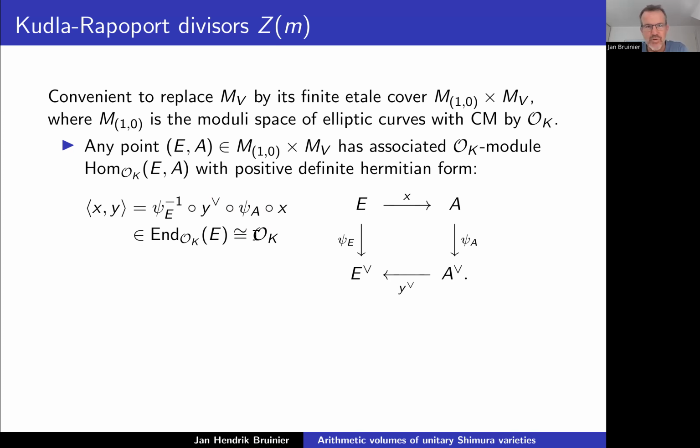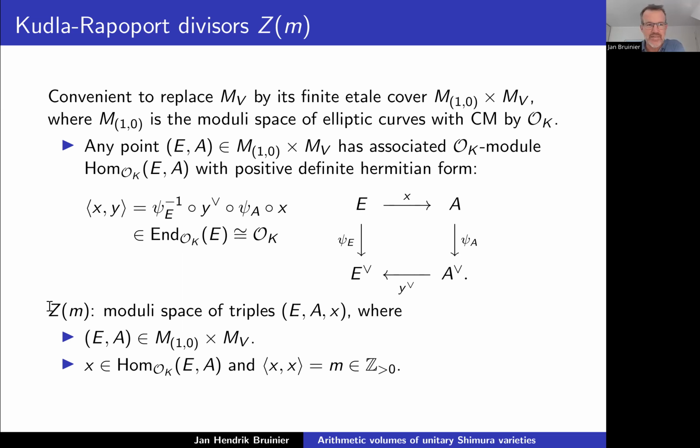In other words, for a pair of homomorphisms, we get a number in OK. And this defines a positive definite Hermitian form on this Hom space. And this can now be used to define Kudla-Rapoport divisors. The Kudla-Rapoport divisor Z(m) should just be the moduli space of triples.